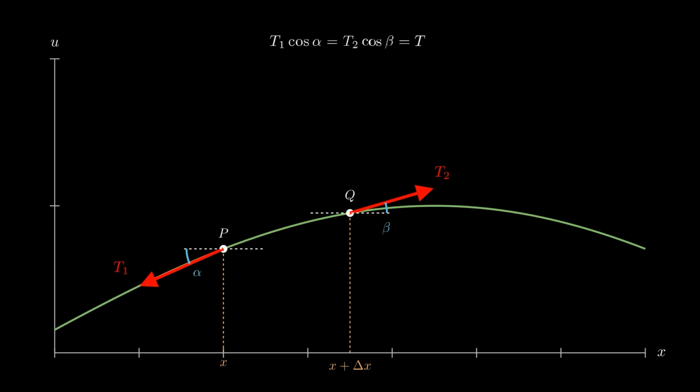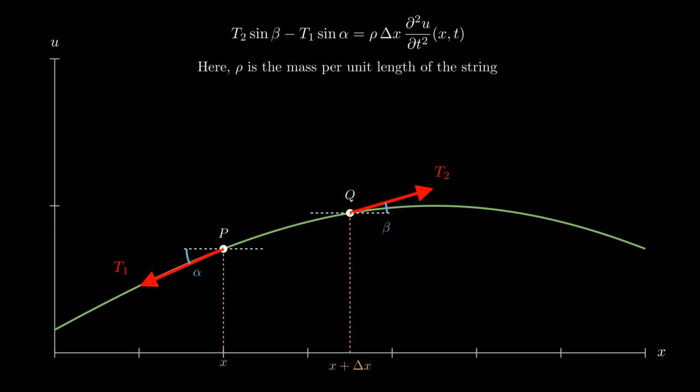All right. So now if we do the summation of forces in the y, we get to the equation that we see now on the screen with the sine of beta and the sine of alpha. Notice that one of them is negative because it's pointing down, the other one is positive because it's pointing up. And notice, because this is the summation of forces in dynamics, this should be equal to mass times acceleration, where we see here the first term, which is rho times delta x times the second derivative of u with respect to time.